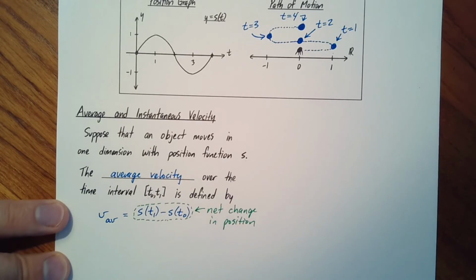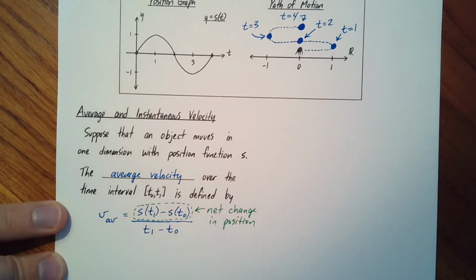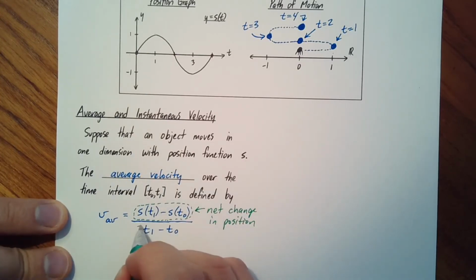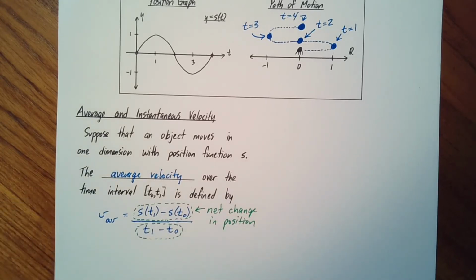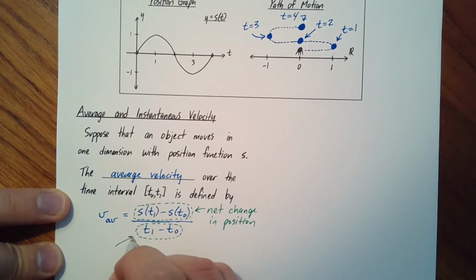Then we're going to take that quantity and divide it by t1 minus t0, which is really the length of time in the time interval, the change in time between time t0 and time t1. So this is the change in time.